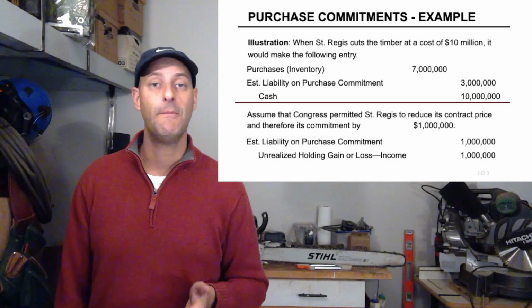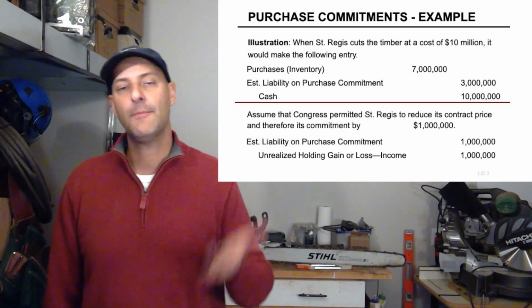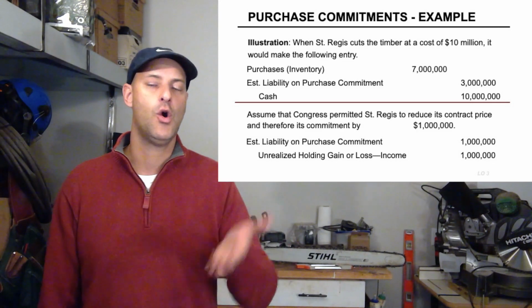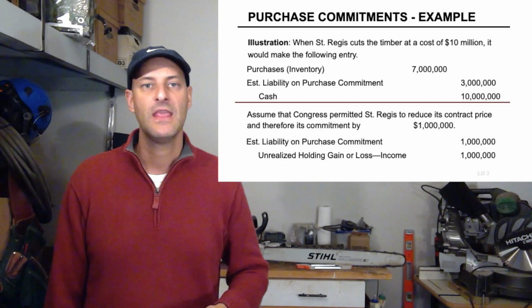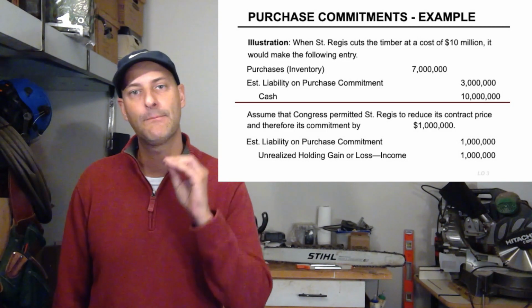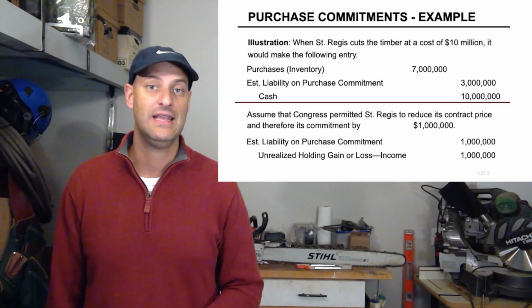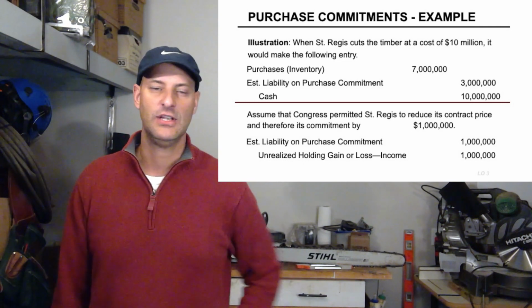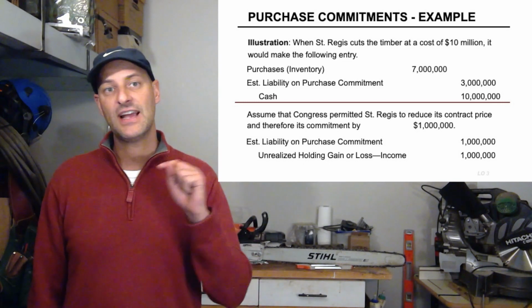If the prices go back up in the meantime, they can recover that loss up to the contract amount. They can't go over the contract amount because then it would be above cost. But this does not have to be a permanent reduction because they don't actually own the inventory yet. It's essentially just a financial asset, this contract is. So that's how that gets reported out.